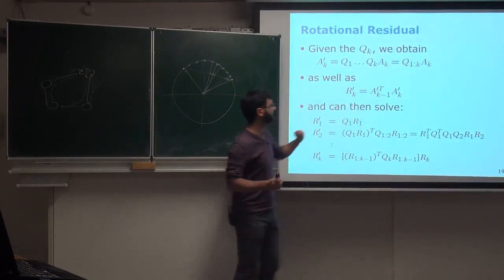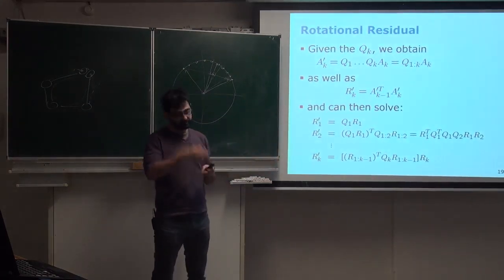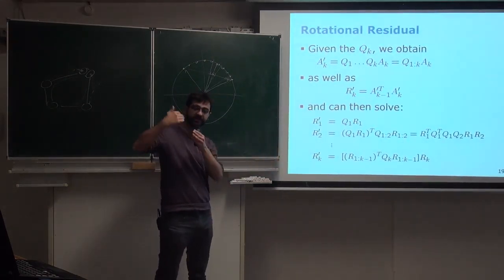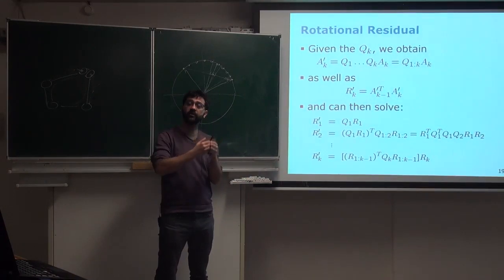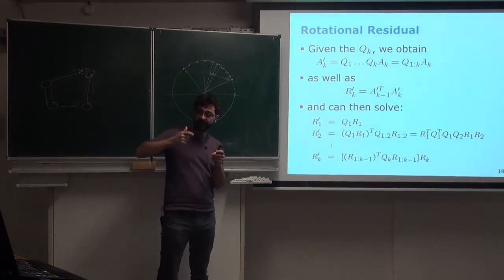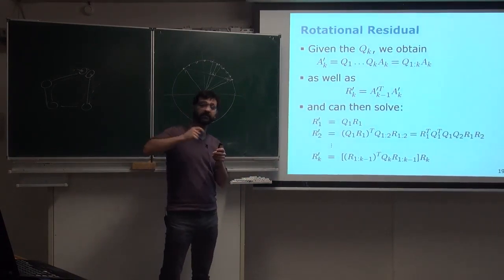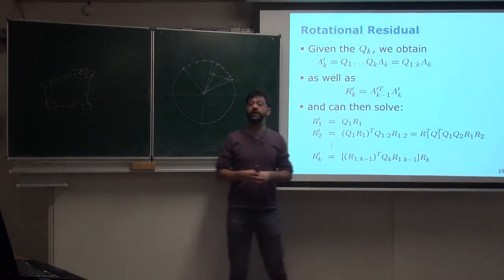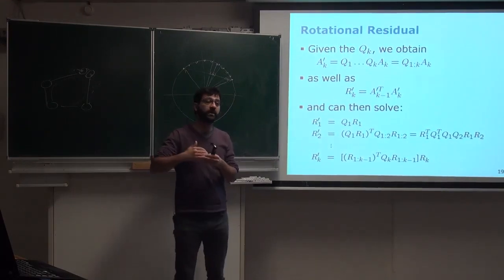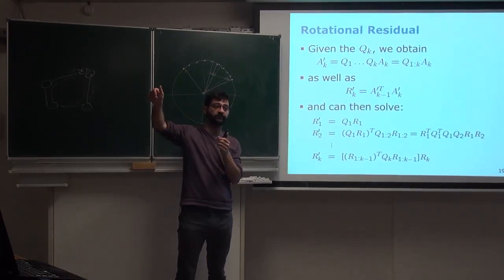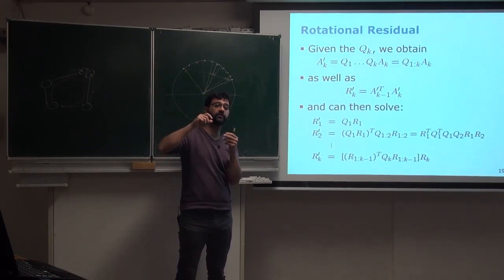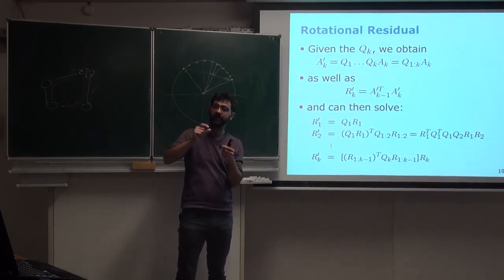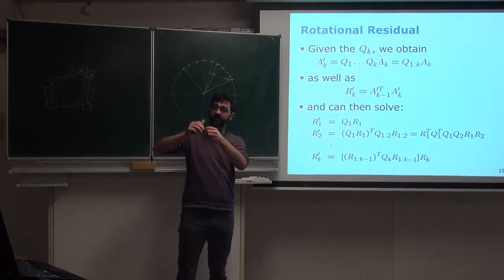So the whole point here is that for each time step in the chain, we are comparing the incremental parameterization, which is the one given by R_k, to the absolute parameterization, which is the one given by the SLERP. Because we always want to get back to the incremental parameterization, and everything should be the same.